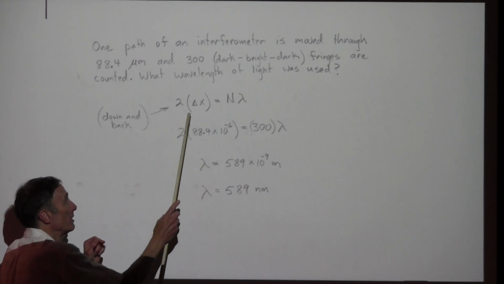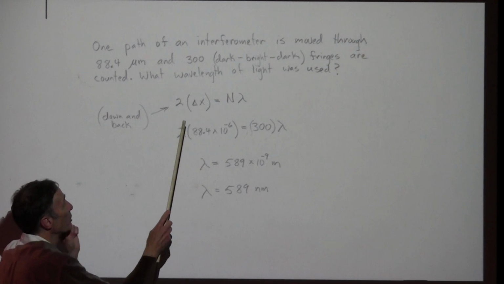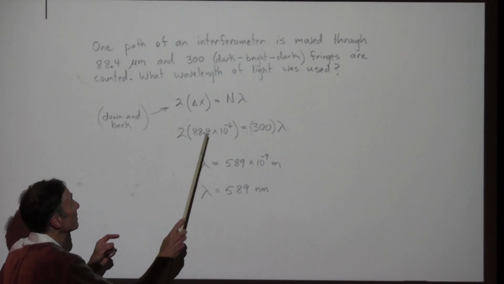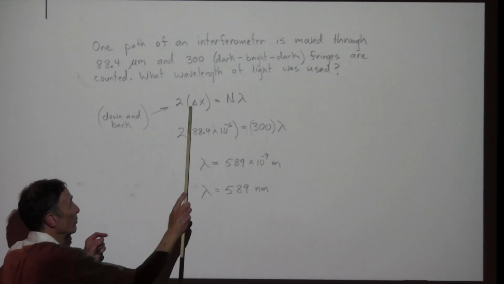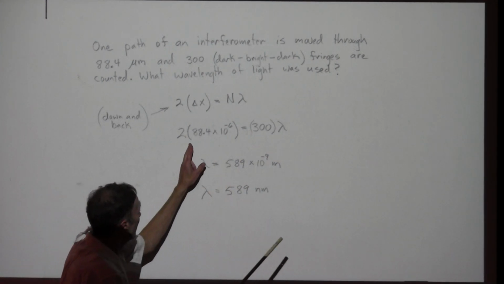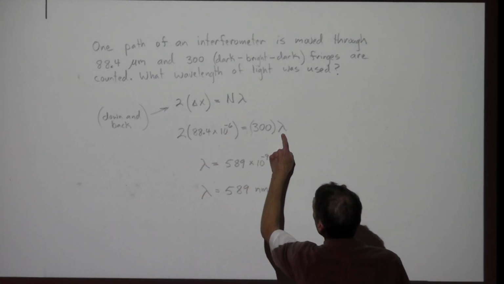We start out with them the same. We're going to change one. And as we do that, the distance down and back, because the light travels two ways through that distance, is going to be 2 times that distance, which is equal to the number of waves times the wavelength.